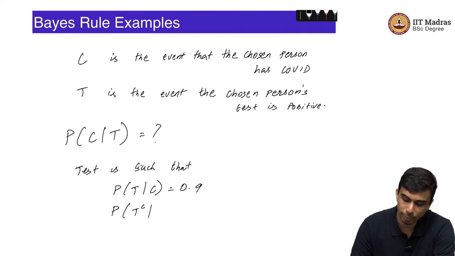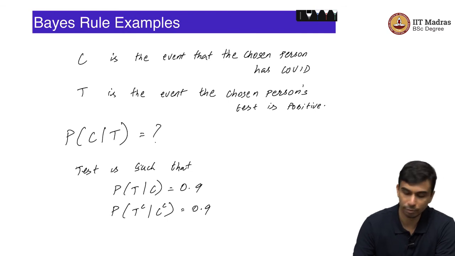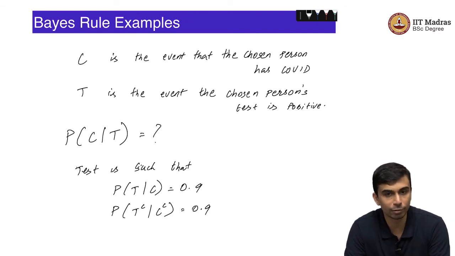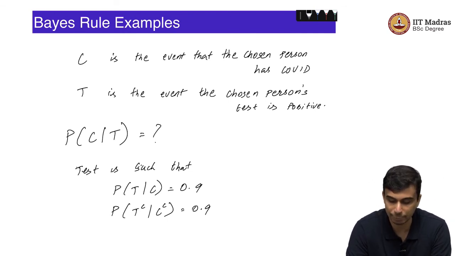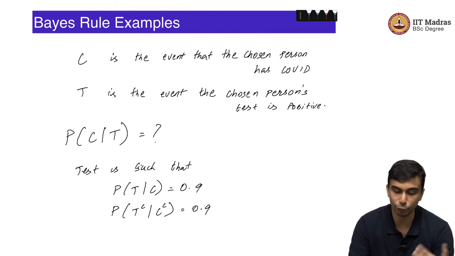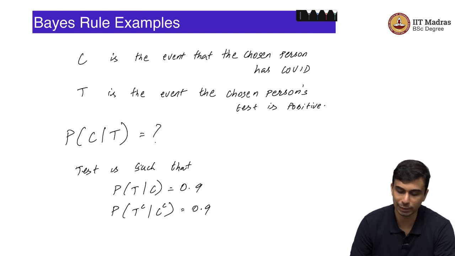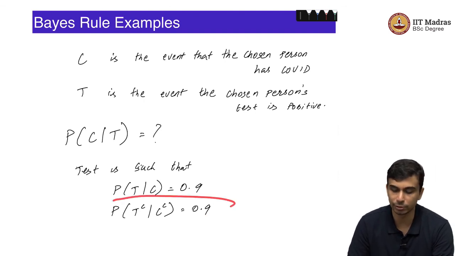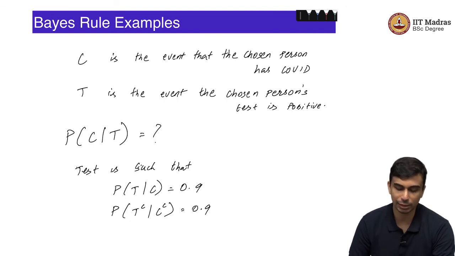And the probability of the test being negative given COVID is not true is also 0.9. So if you have COVID, it will give the correct answer with 90% chance. Similarly, even if you don't have COVID, the test will correctly say negative with 90% chance. That is the characteristic of the test.